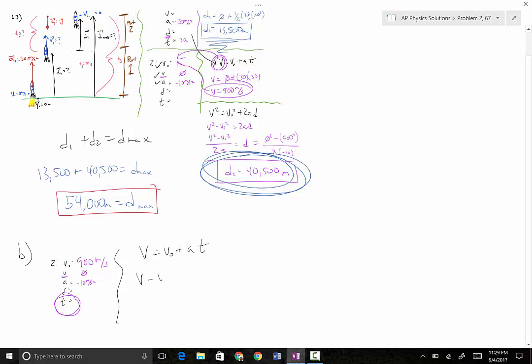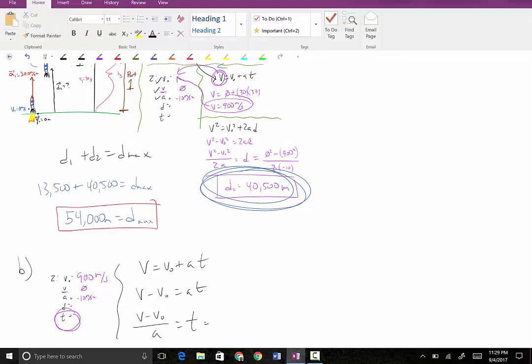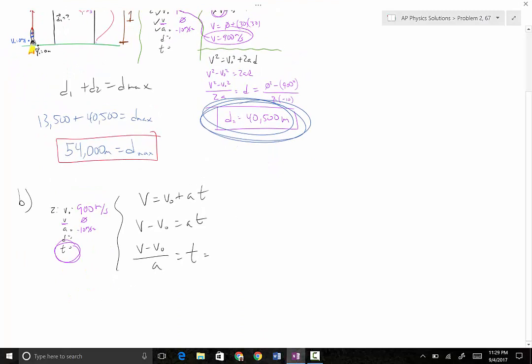So it's going to be v minus v naught equals at. Divide both sides by a, so v minus v naught over a equals the time. And plugging everything in, the final velocity is 0 minus the initial velocity, which is 900 meters per second, divided by the acceleration, which is negative 10. So if I divide those things, I get negative 90.